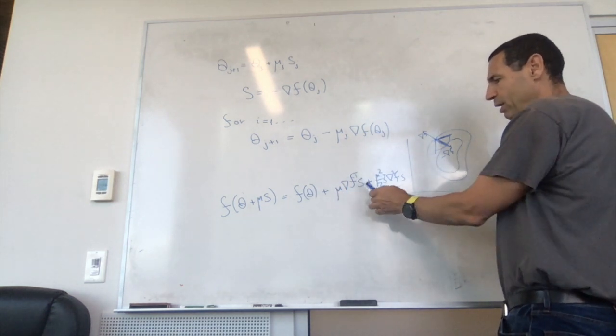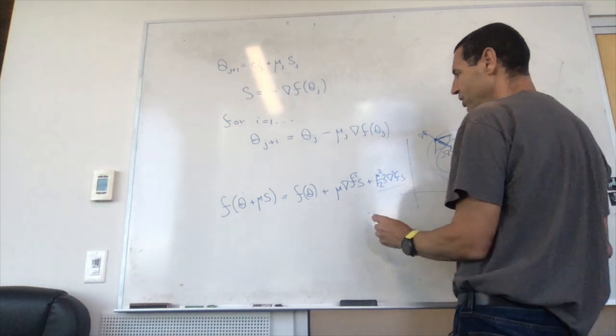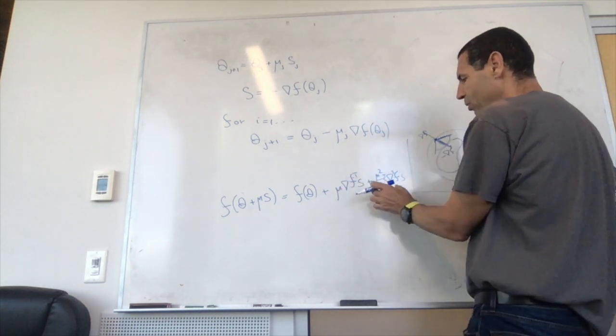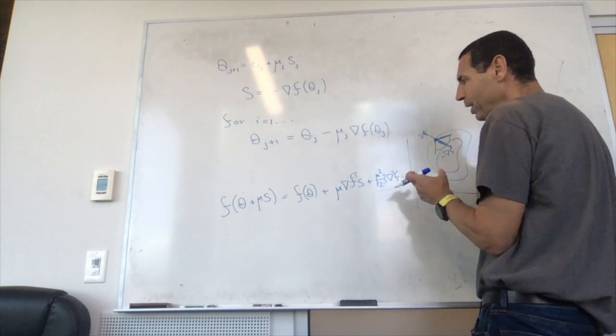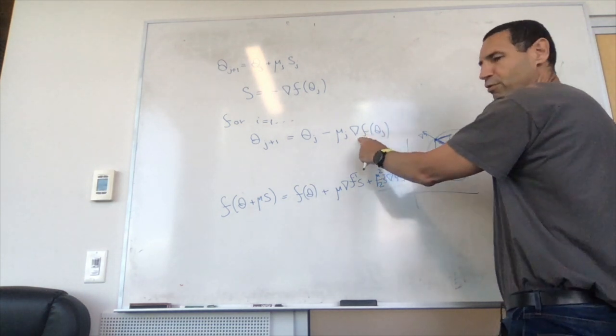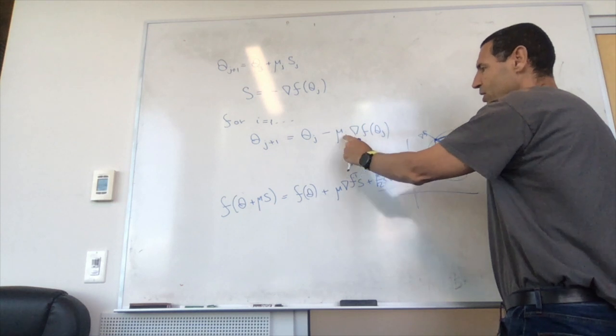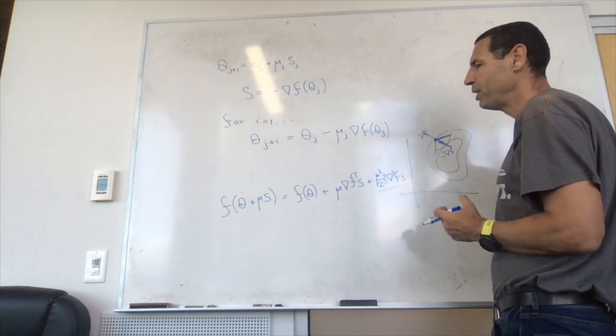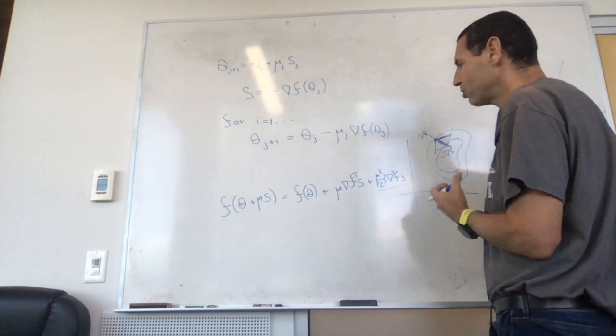Now, if we normalize s, and we want to make sure that this is not too large, then we can go ahead and make sure that this is smaller. So practically speaking, people look at the gradient of f and say, let's make this whole term small enough. For example, a common choice for mu will be 0.01 or 0.1, depending on the problem.